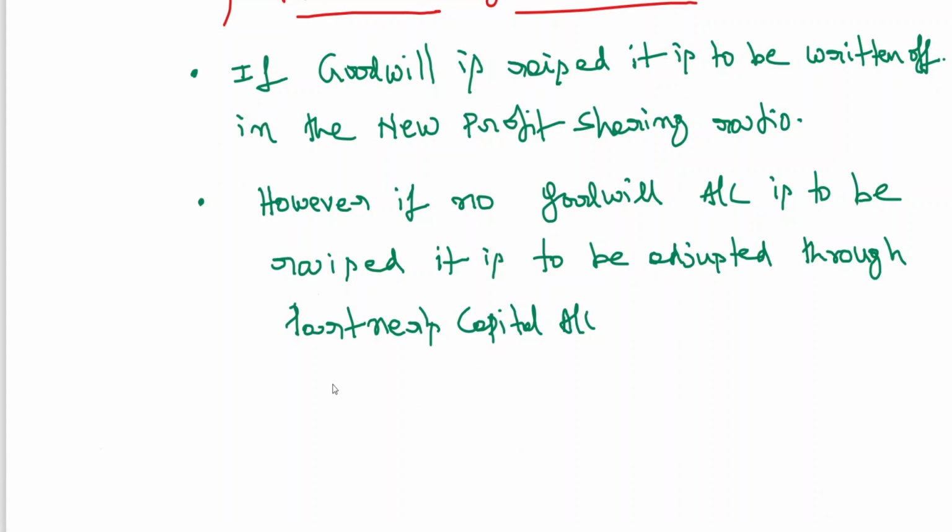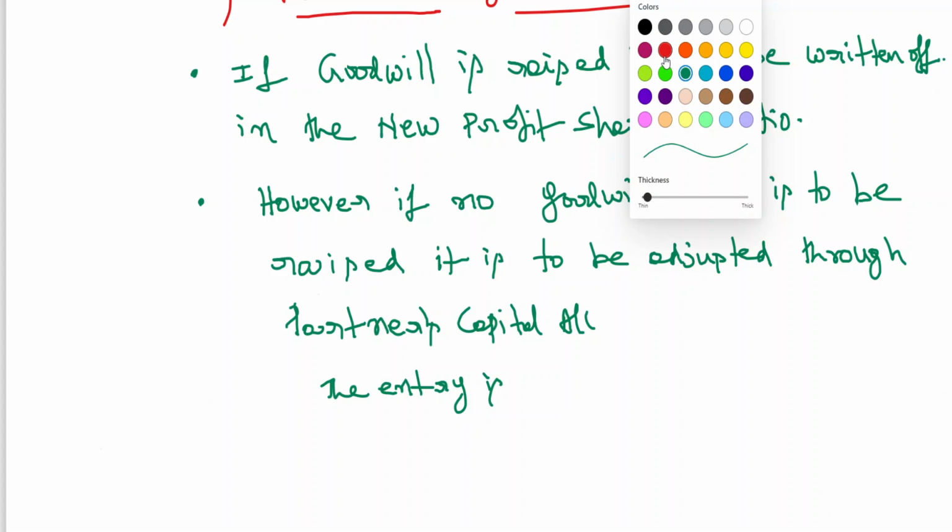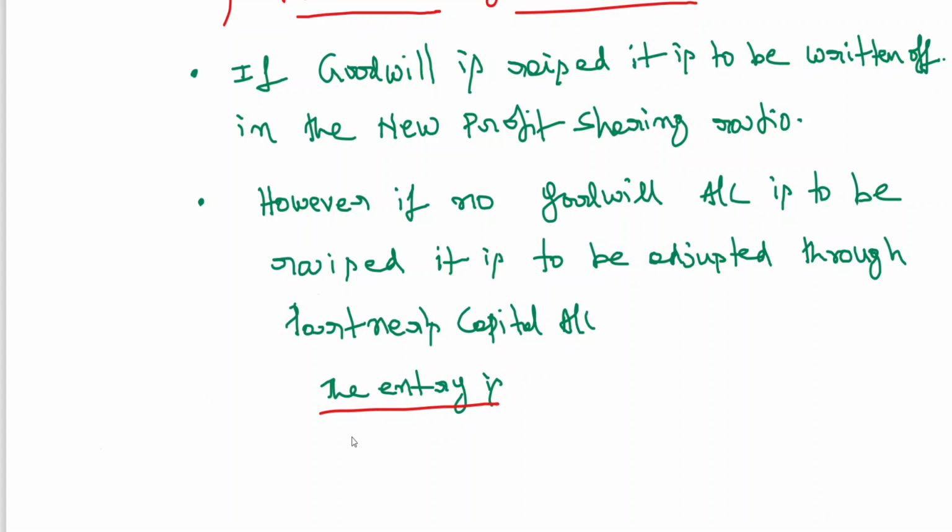Simple words, the entry is: gaining partners' capital account debtor.